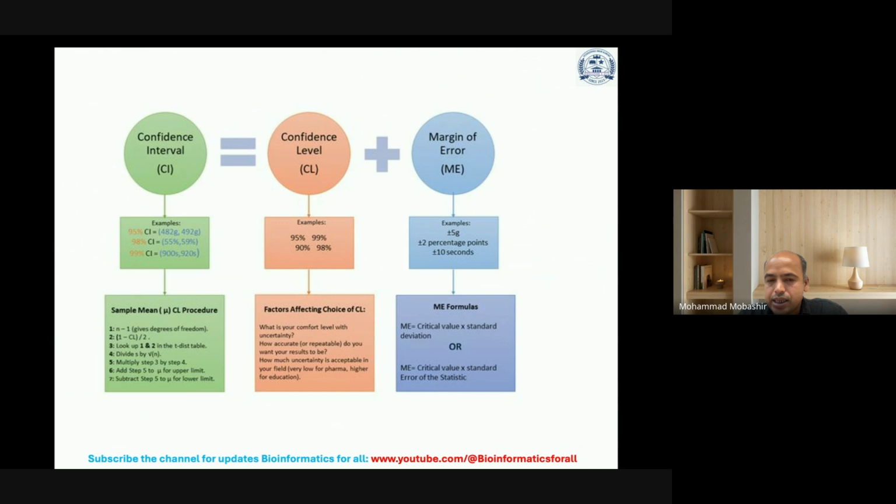Then you need to understand what affects the choice of this confidence level. Then with some certainty or uncertainty, what is the accuracy? Do we need some kind of repetition and then go for some mean values?